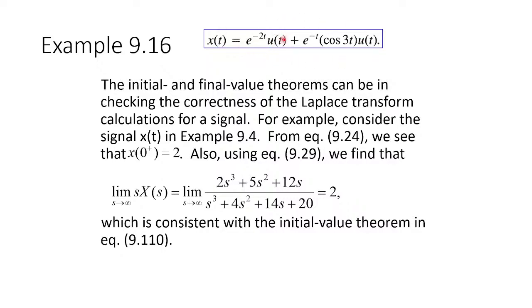For example, this thing. So we have x of t equal to, this is the previous example, an exponential decay, then an exponential decay times another cosine. Excuse me. And we have calculated the big X before, and so that's s squared plus 12 something, and then we can easily calculate.